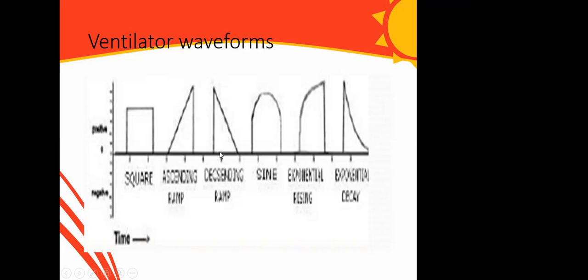We have the descending ramp, where as pressure or volume reaches its peak, it decreases during the inspiratory time. We have the sine waveform and the exponential rising and exponential decay. So these are different types of scalar waveforms on your ventilator.